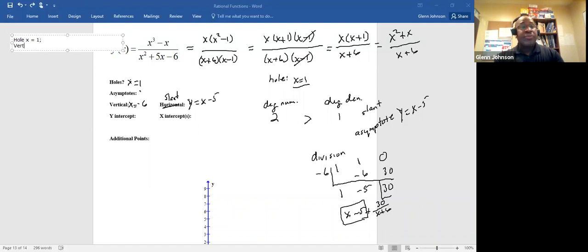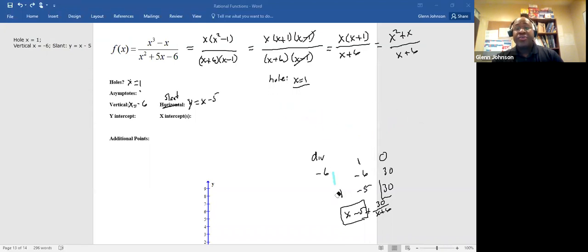All right, so I'm just going to write down the information here when I clear the screen. All right, so now for the x and y intercepts, remember that for the y-intercept, we'll set x equal to 0.